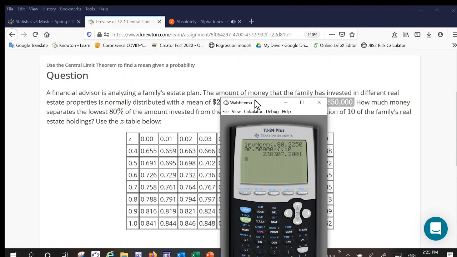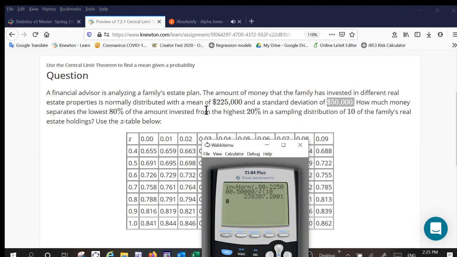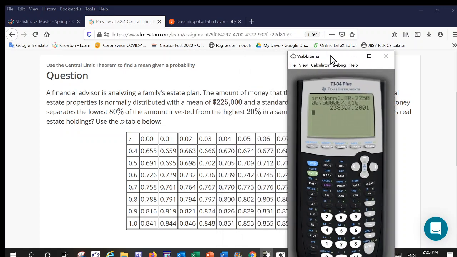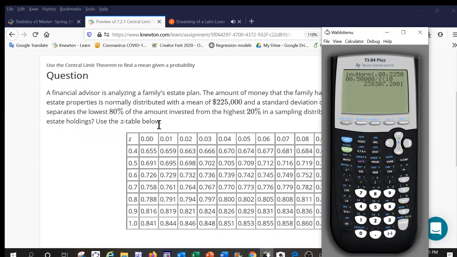So that means if you do a lot of rounding here, let me make sure 225,000 is the mean, and the standard deviation is 50,000 divided by square root of, yeah, sampling distribution of 10. All right, so everything we did was correct. Okay, well, if you do a bunch of rounding and convert to z's and use z's, well, the answer would be a little bit off.